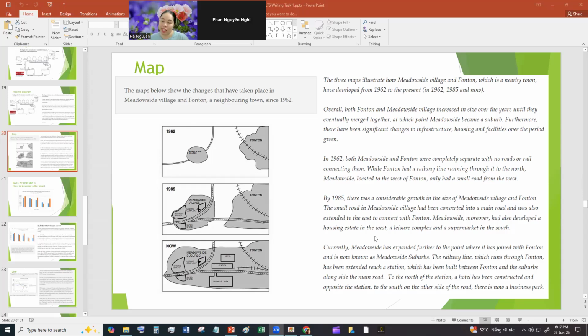So you see a shift in tenses because it depends on the time frame being described. Remember that in maps, especially two or three map types, you have to pay attention to the time period being talked about, so you use the tenses correctly. And another thing, remember you can use passive voice, so passive sentences. Good job.